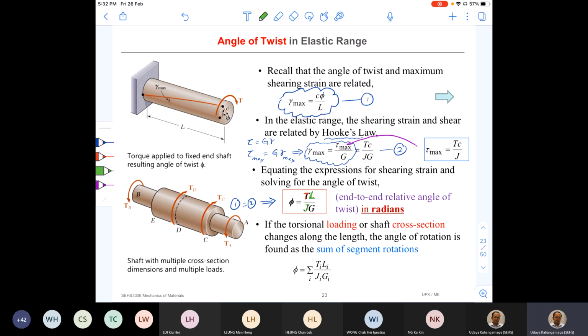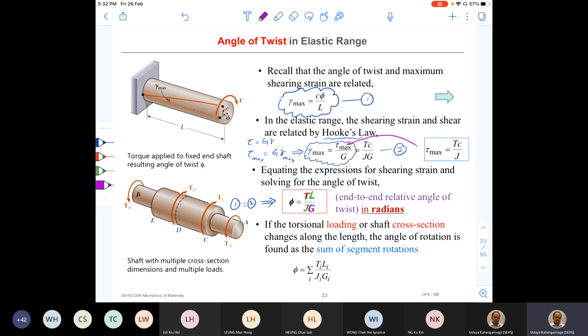So inertia depends on the cross-sectional shape, and the angle of twist also depends on the material property. Here the material property is the rigidity modulus.